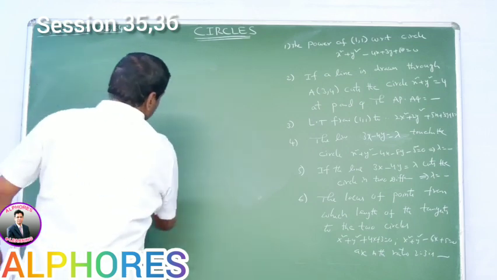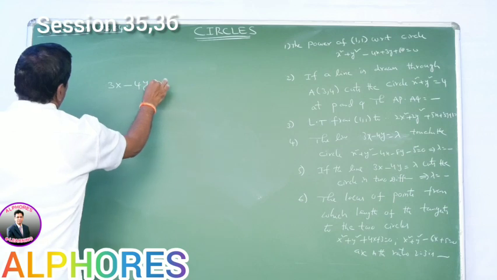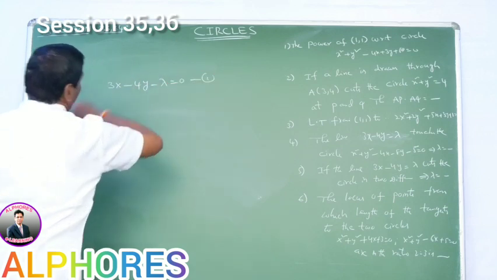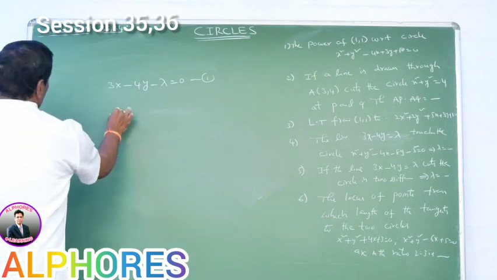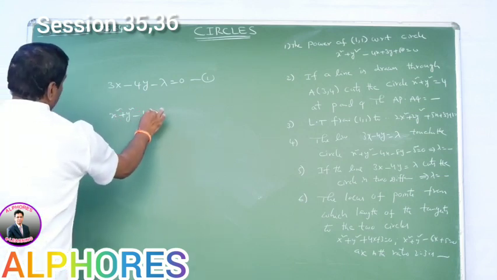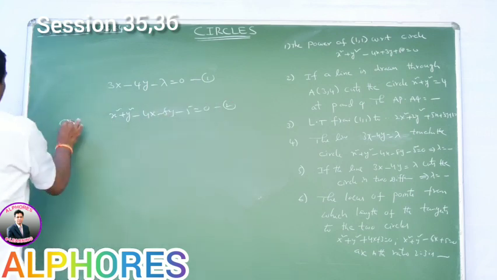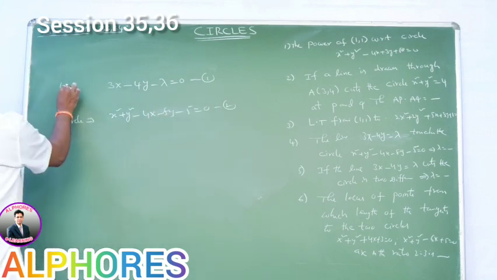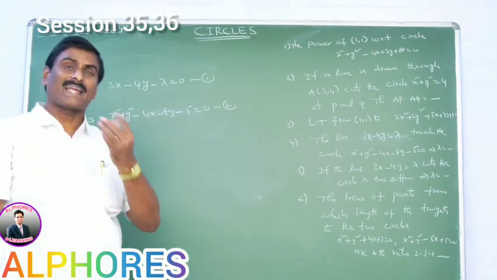The line 3x minus 4y is equal to lambda means 3x minus 4y minus lambda is equal to 0. It is the line equation. The circle is x square plus y square minus 4x minus 8y minus 5 is equal to 0. The line touches the circle, that means it is the tangent.